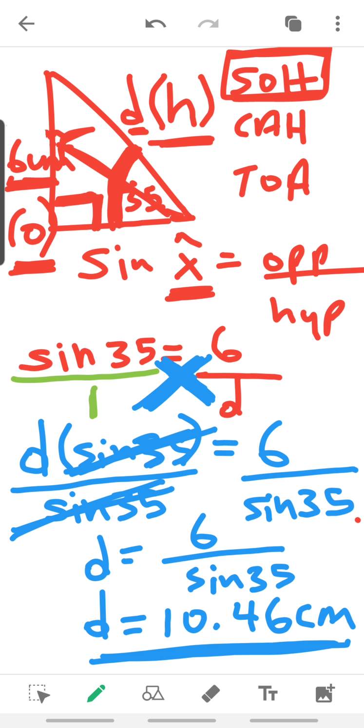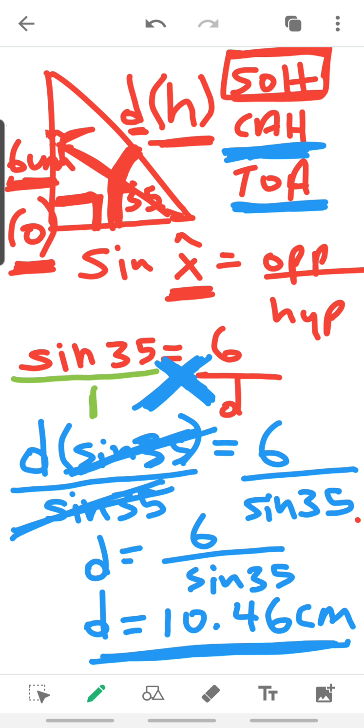So if our opposite and hypotenuse are involved, we're going to use our sine ratio. If our adjacent and hypotenuse are involved, we're going to use our cosine ratio. If our opposite and adjacent are involved, we're going to use our tangent ratio, okay?